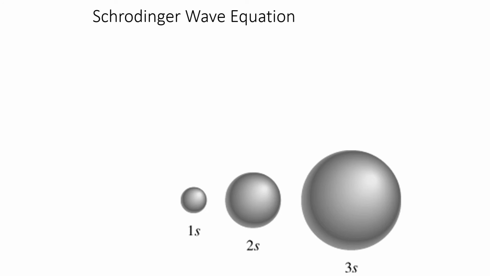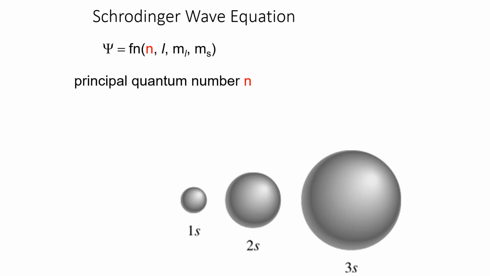So the first quantum number is the same one identified or proposed by Bohr. And this is the principal quantum number n, or the principal energy level, or the principal shell.